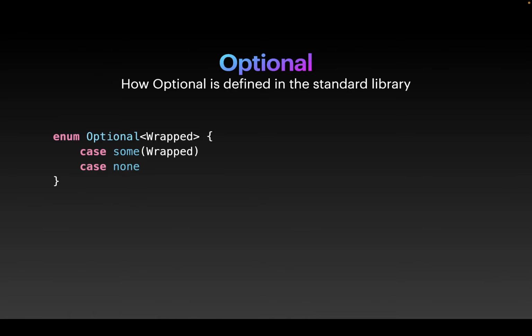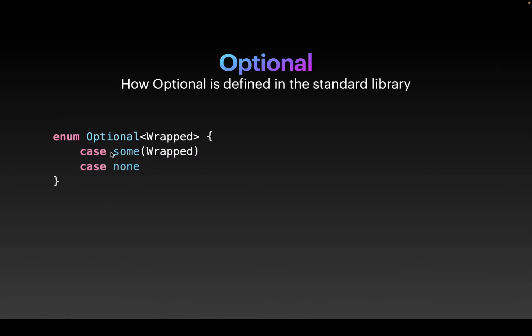All right. So this is how Optional is actually defined in the standard library in Swift. Are you guys familiar with that kind of syntax, like generics here, the enum? Is that all clear? Yeah. So Wrapped here is just a generic type, a label for a generic type. And you have two cases.